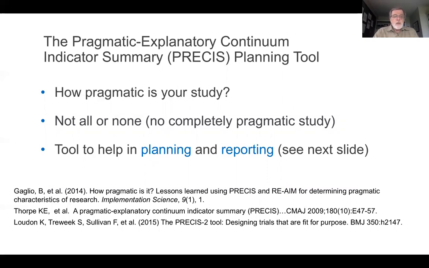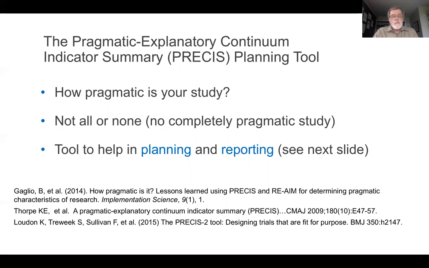I want to make a note that so far, for explanatory purposes, I've been presenting these as polar opposites or dichotomies. In the real world, though, there's probably no study that's been completely pragmatic or completely efficacy, but you make some decisions a priori and thoughtfully about what are the dimensions on which you want to be more pragmatic or more efficacious.